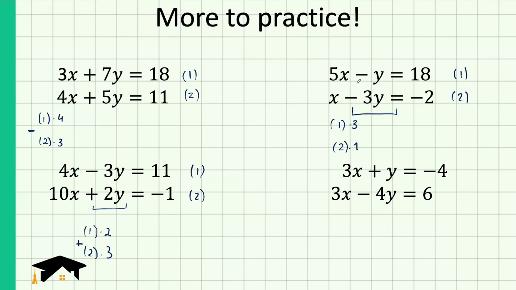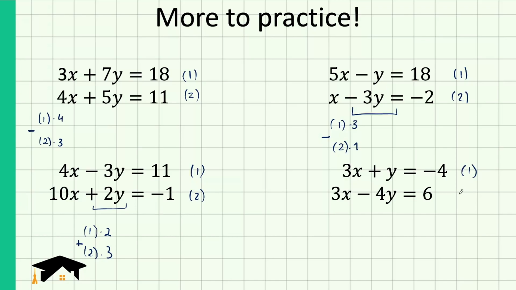This will give me minus 3y in equation 1 and minus 3y in equation 2. Minus 3y is minus 6y, and that shows me that I will have to subtract them because they have the same sign. So this will have minus 3y minus 3y, that is plus 3y, will give me 0.